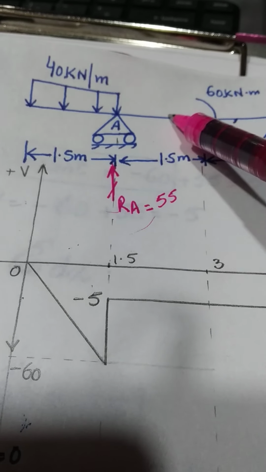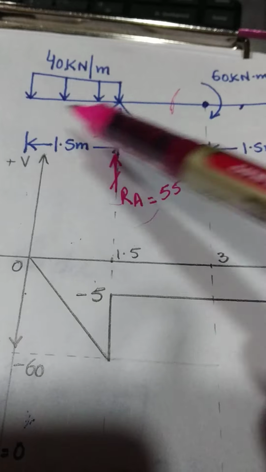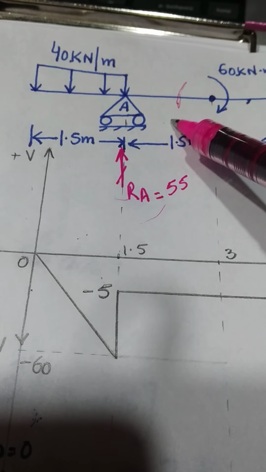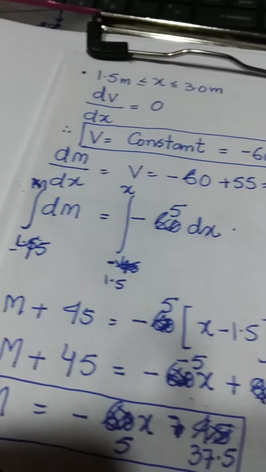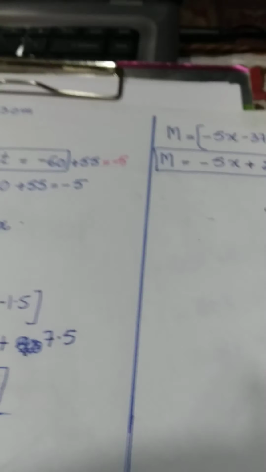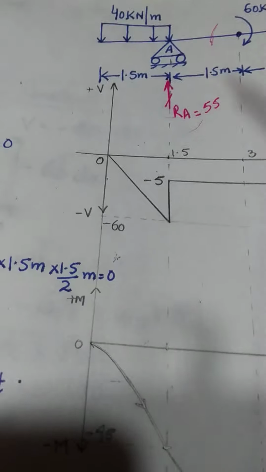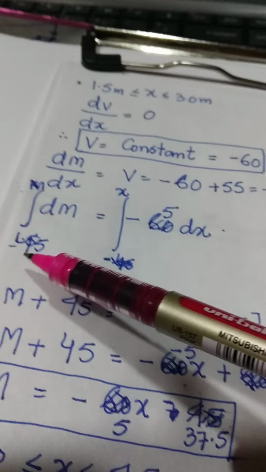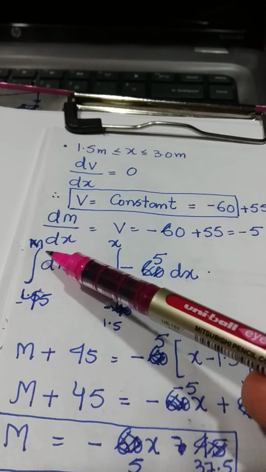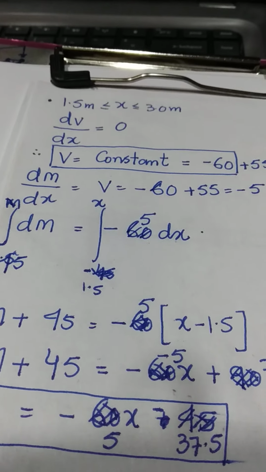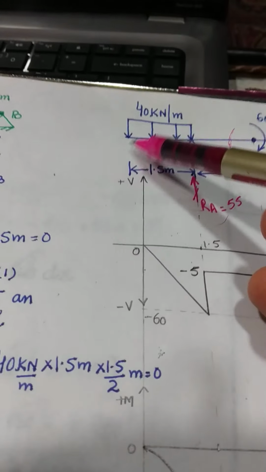Let's suppose we have taken a section here. From here to here, the distance is x. What is the value of bending moment here? Let's suppose the bending moment is M. So we write the integral from minus 45 to M, because the value of the bending moment at x equal to 1.5 is minus 45. So the bending moment varies from minus 45 to M, and x goes from 1.5 to x, because we are essentially in this region.